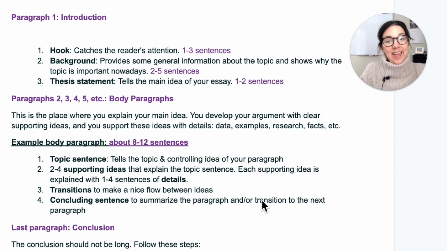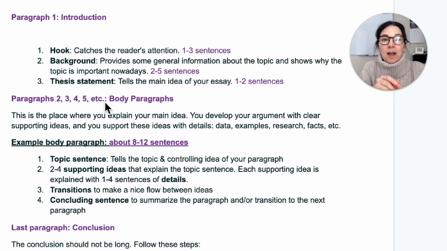All right, then after you have your body paragraphs, and how many body paragraphs do you have? Well, the most common essay is going to have 5 paragraphs total. So that's the introduction, 3 body paragraphs, and the conclusion paragraph. But there is no magic number for the number of body paragraphs.